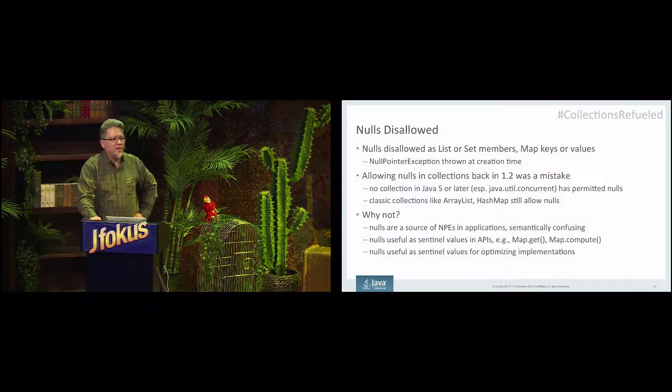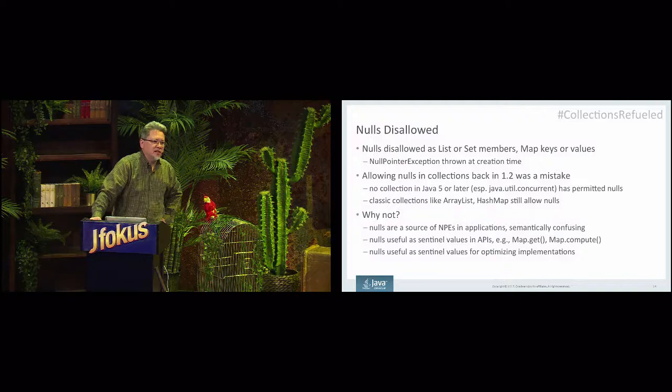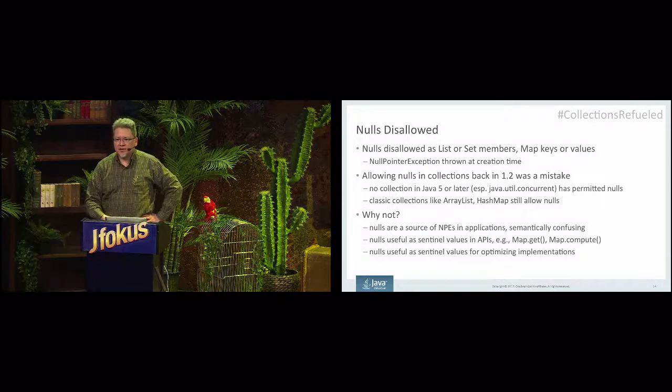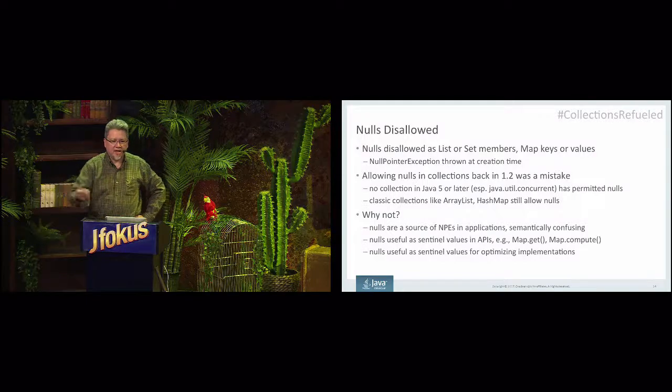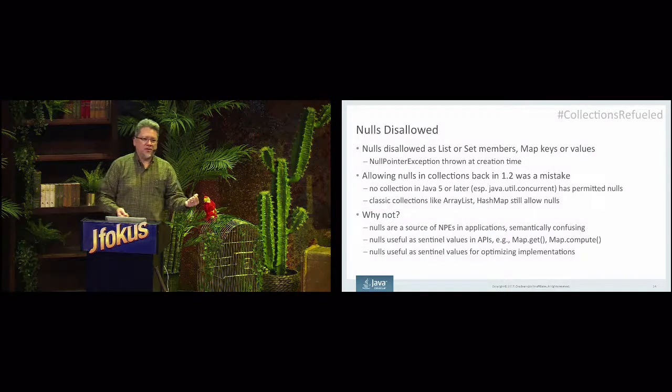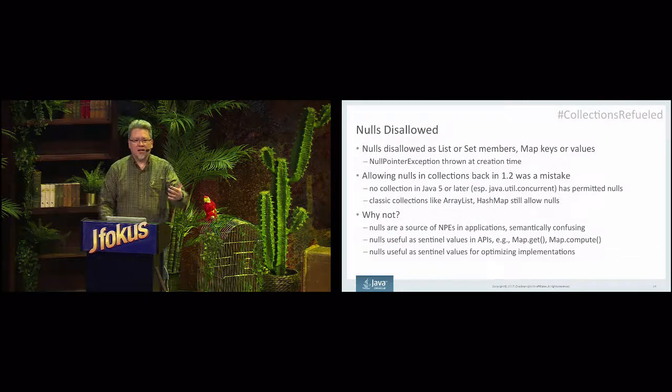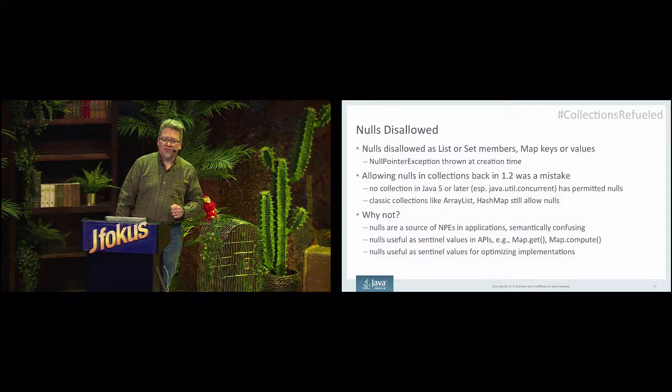There are other problems with using nulls in collections, and this actually was introduced with 1.2, which is that certain APIs use null as a sentinel value to mean something different from an actual value. The typical case of this is map.get. You say map.get on some key, you get the value that it's mapped to. Great. What if that key is not present in the map? The return value is null.